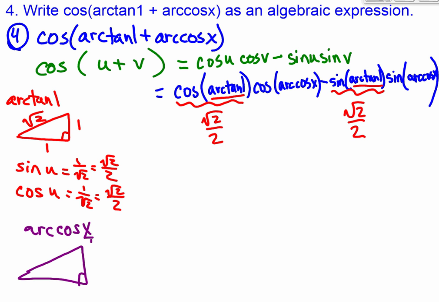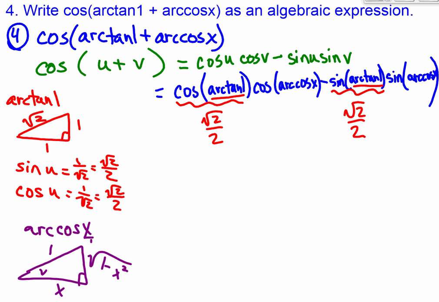Cosine is adjacent over hypotenuse, so x here and 1 there. And then since that's the hypotenuse, this is the square root of 1 minus x squared, correct? 1 minus x squared. And I'll call that angle V just to make it easy.